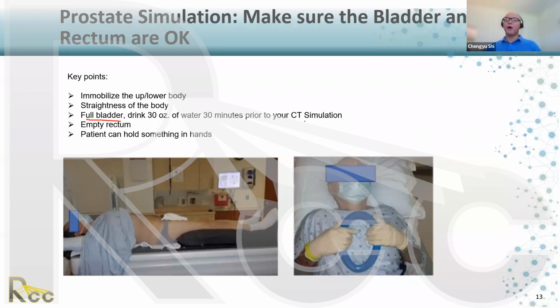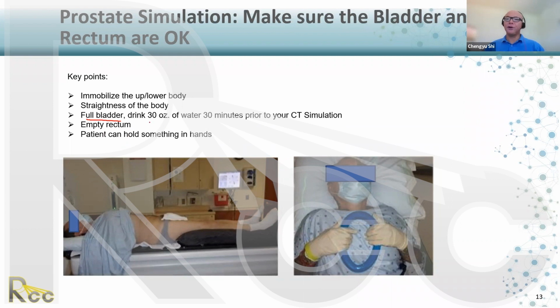If you have the device, you can check the bladder volume. It's called a bladder scanner, and it's very convenient. Or use the ultrasound to check it. But if you don't, checking with your KV or CBCT is also okay. If the volume is too much or too little, you can ask the patient to get off the table and adjust a little bit.